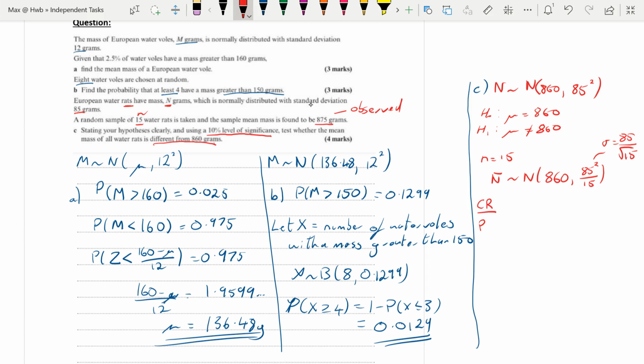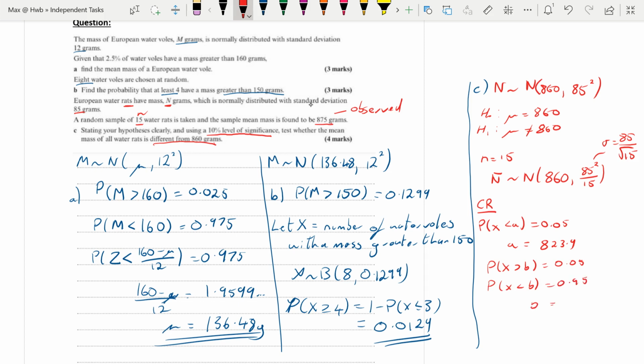The first critical region is going to be the bottom end. I'm doing 10%, so I'm going to halve it and do 5% at the bottom end of the tail and 5% at the top end. So X bar being less than a should be 0.05, which I can go straight to my calculator and find what a is. That's 823.9. Looking at the top end of the scale, X bar being greater than b is again 0.05, but I need to change that: the probability that X bar is less than b is 0.95.